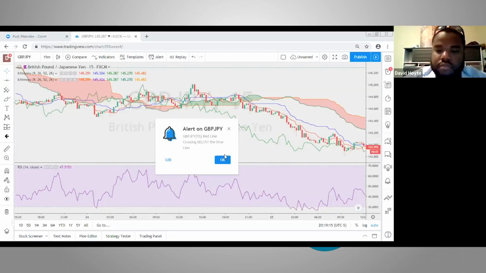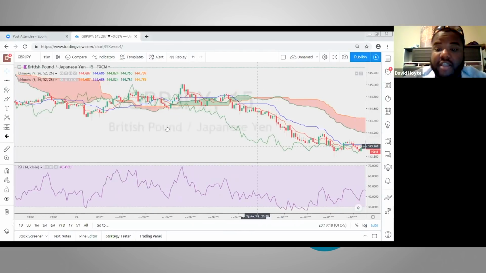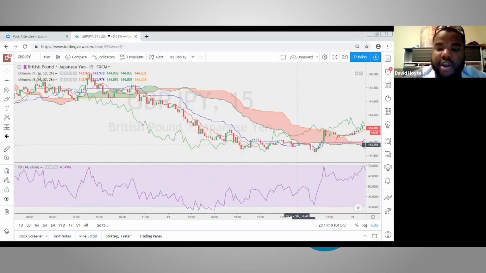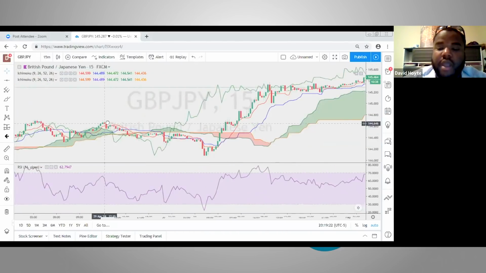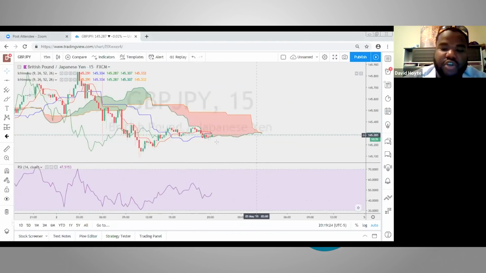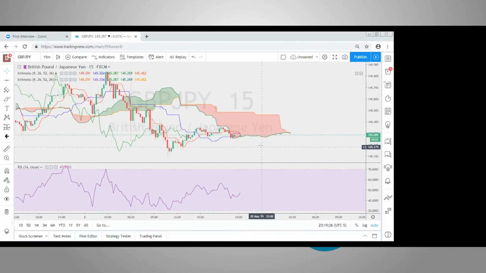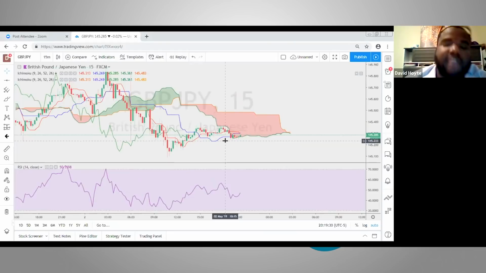Like I say, I like to follow one pair because you marry it and you understand what happens with these pairs every day. Around this time, which is around the Tokyo session, it usually consolidates. When we were doing the 6x6, around this time I could always call a trade because I know it's going to be consolidating.